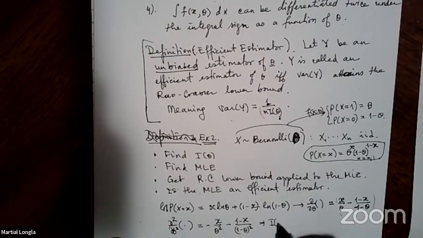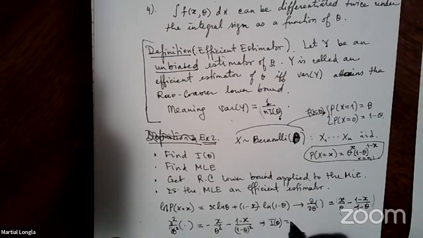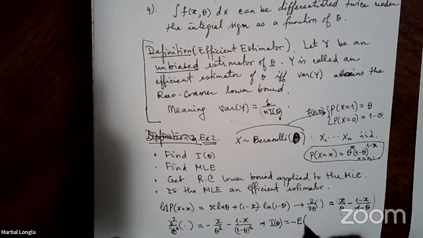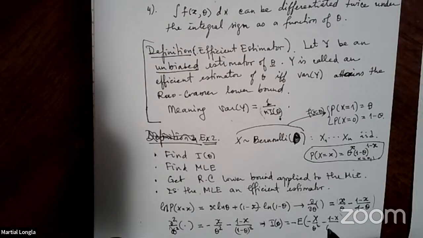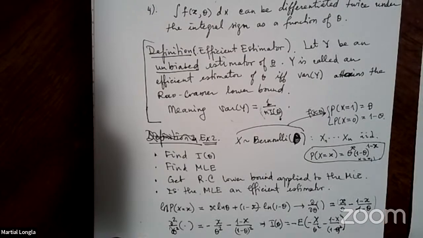This implies I of theta equals minus the expected value of minus x over theta squared minus 1 minus x over 1 minus theta squared.